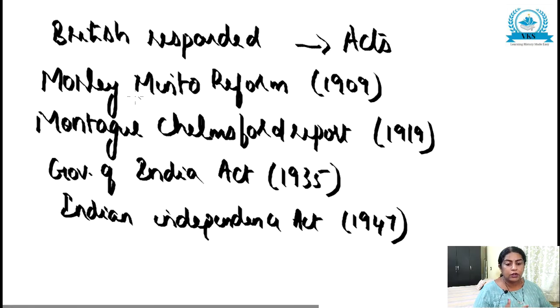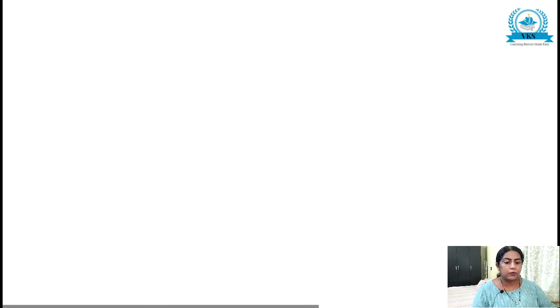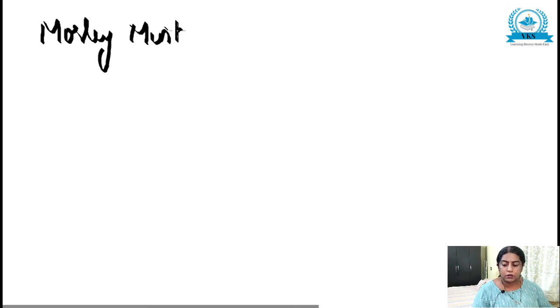The Morley-Minto Reform Act of 1909 was to give opportunities to native elements of Indian society. Now let us see each act one by one. So let us see the Morley-Minto Reform of 1909.